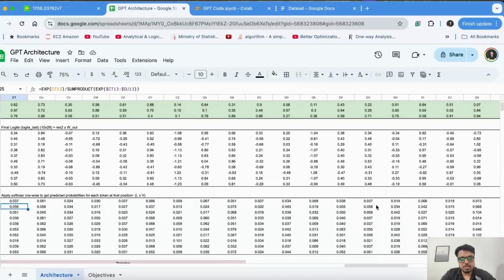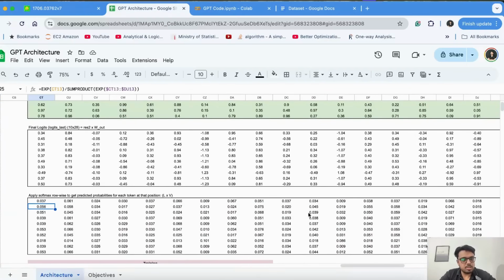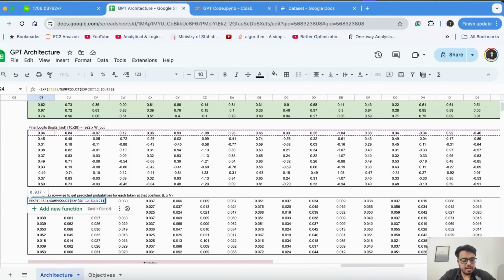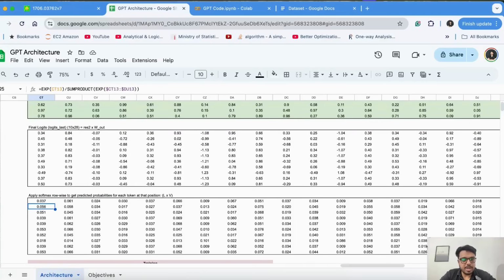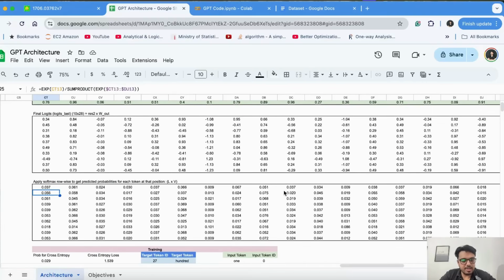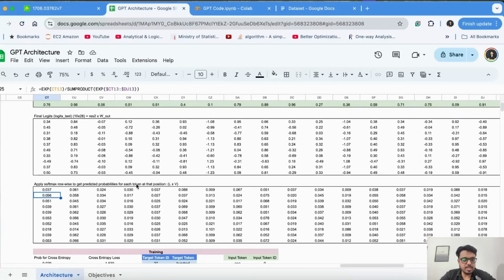It is the same as the softmax that we did in the attention layer. Similarly, e to the power of each element divided by the sum of e to the power across all the elements. That is how we do the final row-wise softmax to get the predicted probabilities for each token at that position.